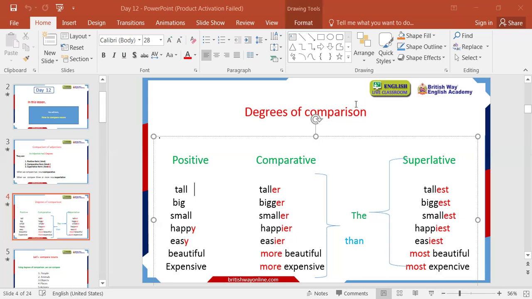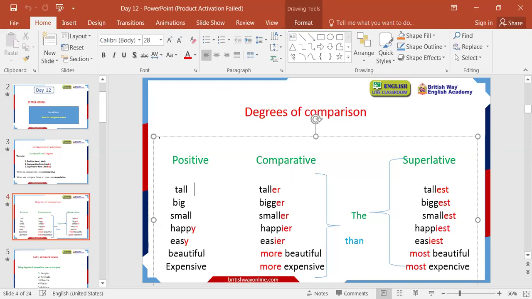Okay, right. We were talking about how to make comparative and superlative forms, right? So if it is words like beautiful, expensive, we call them 2 or more than 2 syllable adjectives.